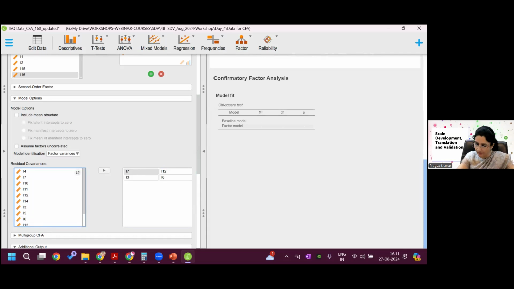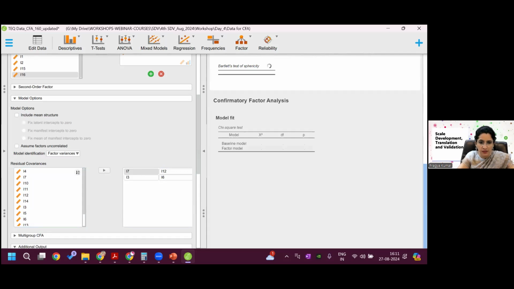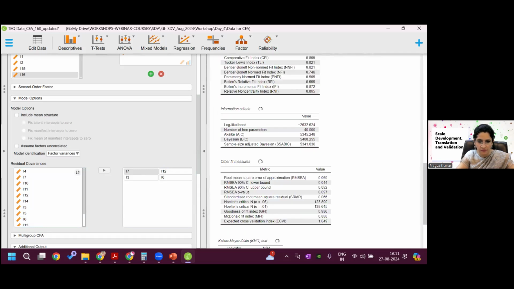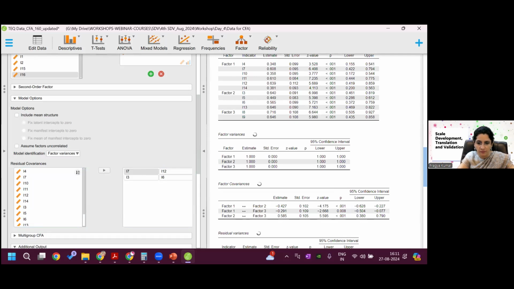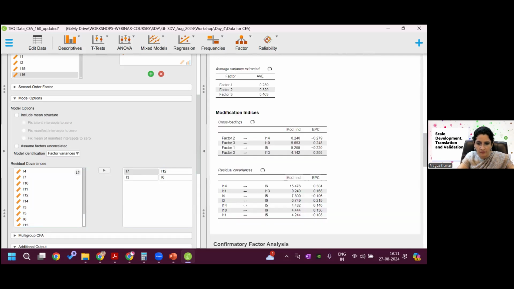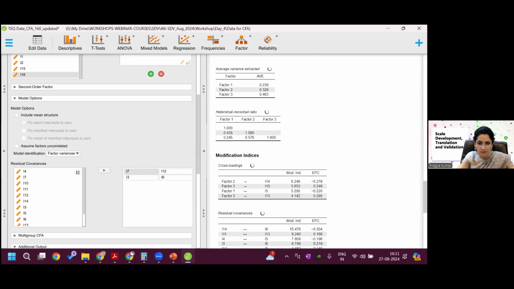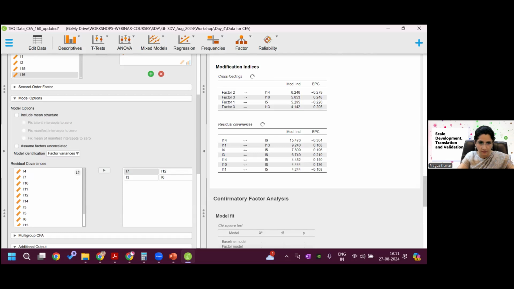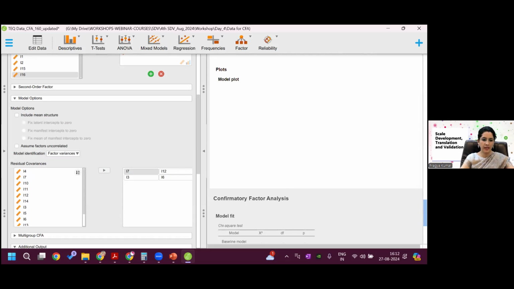And then see the other residual covariances. It is taking some time.